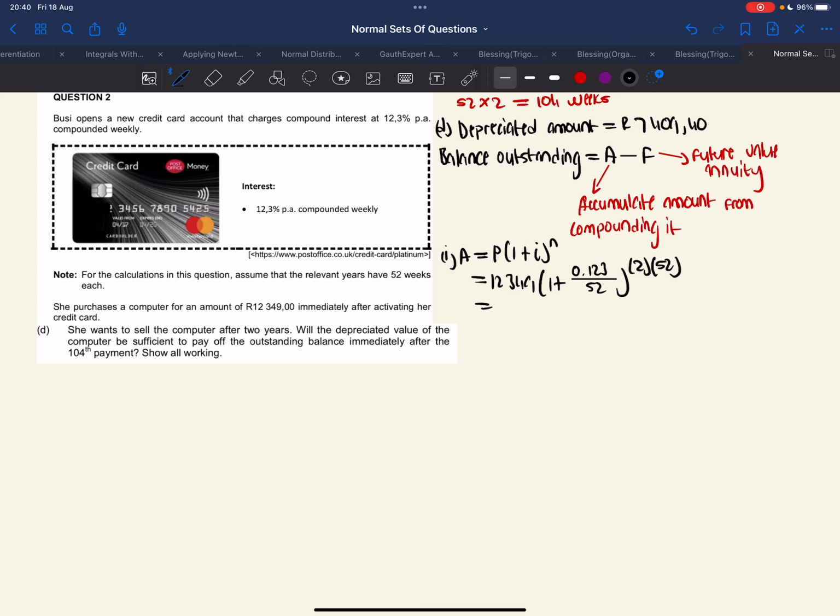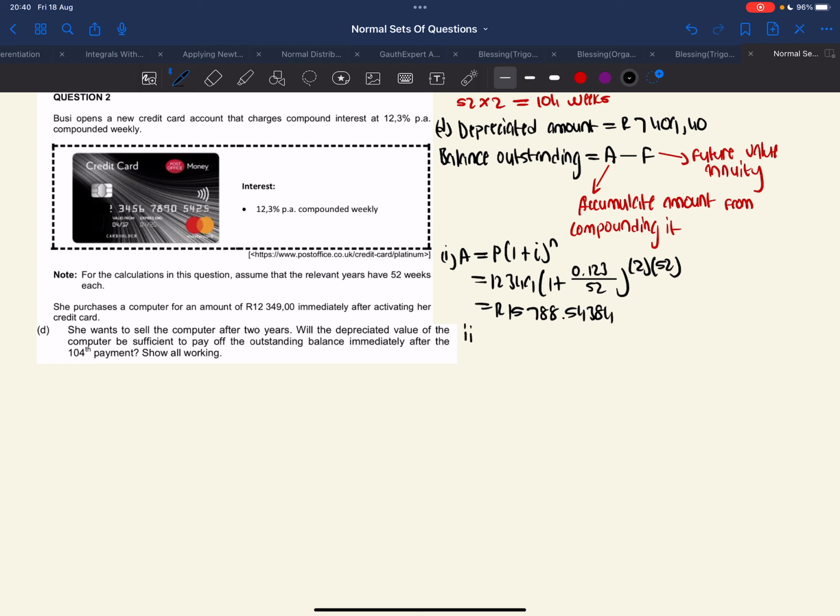Then we're gonna say equals, and then we're gonna use a calculator. 12,349 times (1 plus 0.123 over 52) to the power of 52 times 2, and here we should get 15,788.54384. We can keep the answer as it is for now, because we still have to do more calculations, and then we can round off the answer at the end.